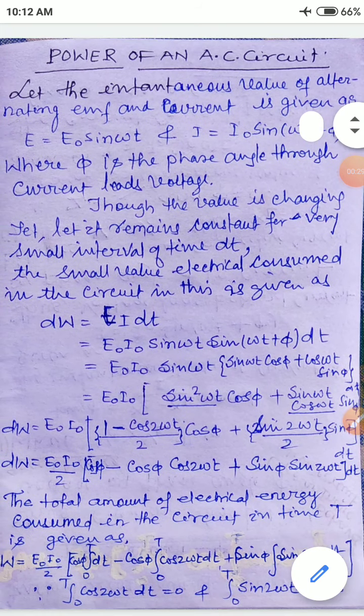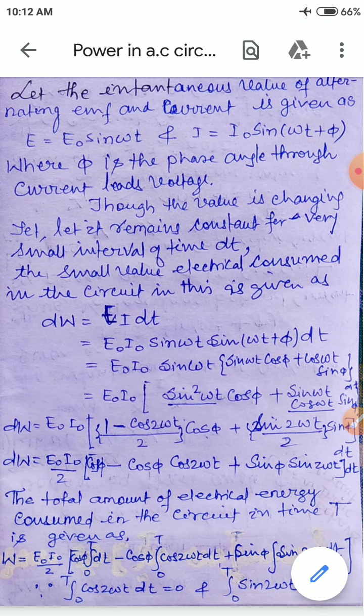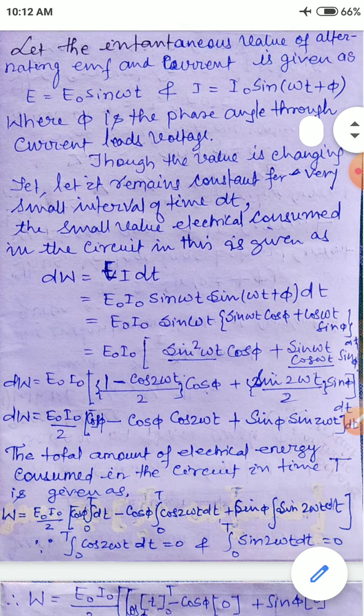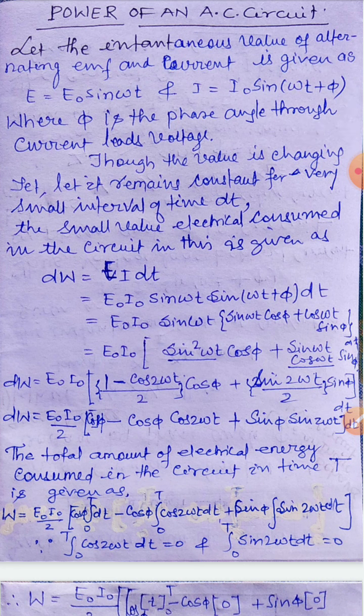Now we know that power is equal to V into I. But here in case of alternating current, the value of current and EMF is changing continuously, as well as the relationship between current and voltage is not the same across the different circuit elements.